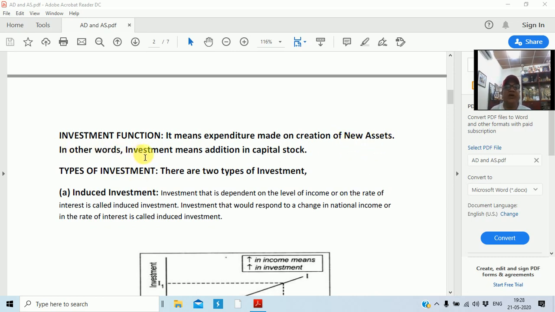In other words, investment means addition in capital stock. If you are adding capital goods, what is happening to the capital stock? It is going to increase. So whatever increase in the capital stock is called investment, or in other words, investment is also known as capital formation.